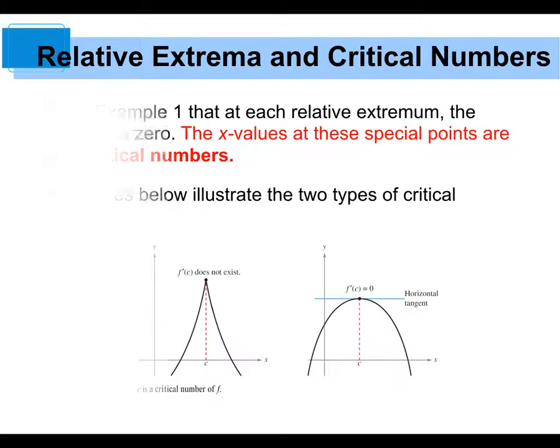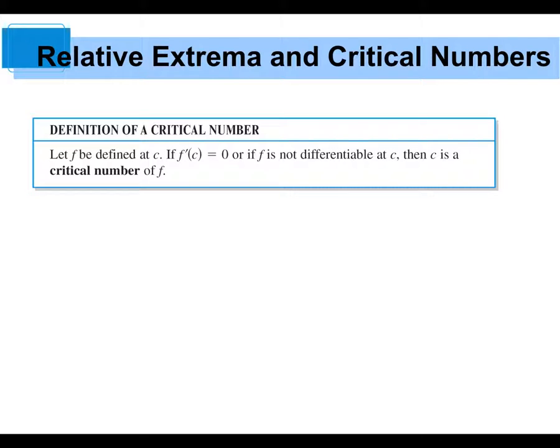If it doesn't exist, then it could be a critical number, but it doesn't have to be. Which is what that says: if f prime of c equals 0 or is not differentiable at c, then c is a critical number. That's the fancy definition of what we've already said, the two ways to get a critical number.